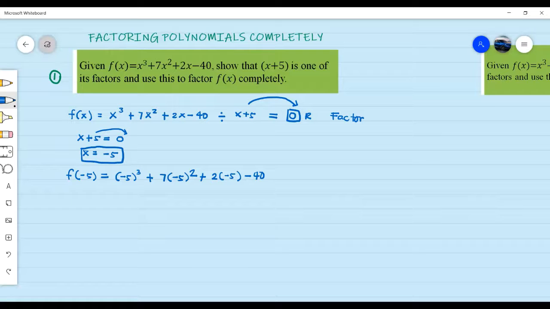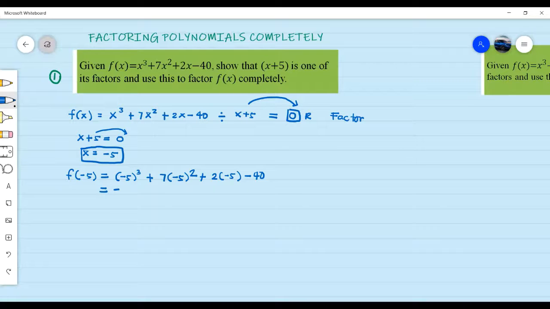Okay, then we proceed next. If your base is negative 5 and the exponent is an odd number, the result will be negative.